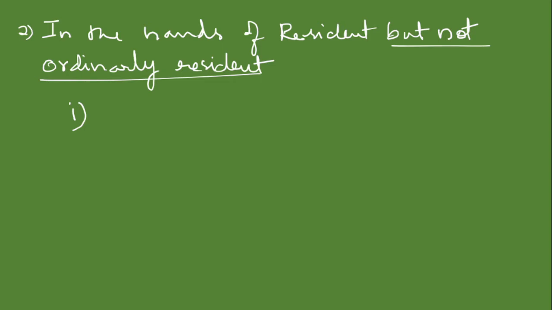Who is an ordinarily resident? A person who goes to some other country abroad, and he may not be here in India, but he is a citizen, a resident, but most of the time he is traveling or he is outside.